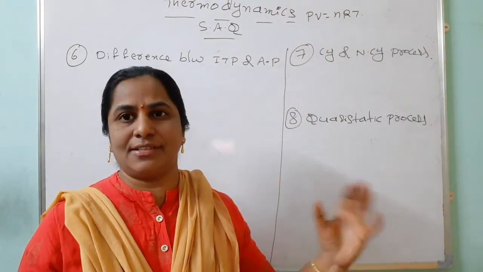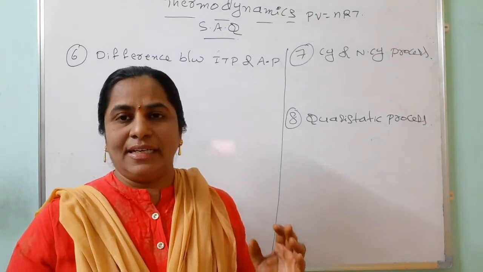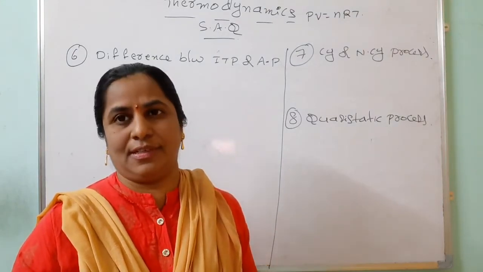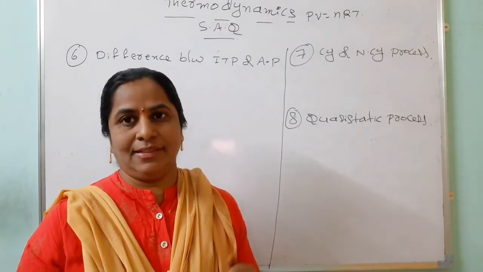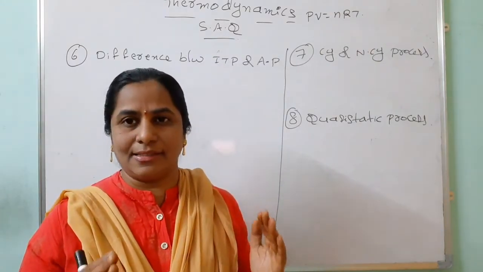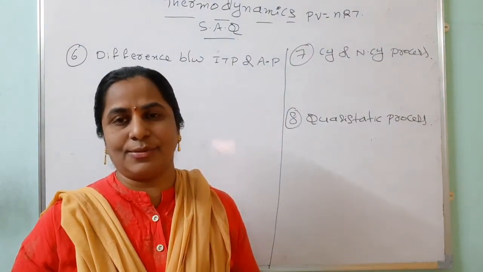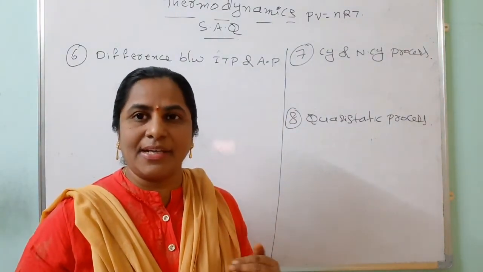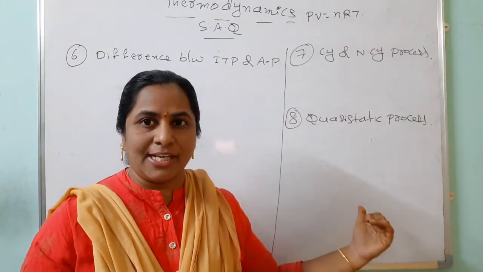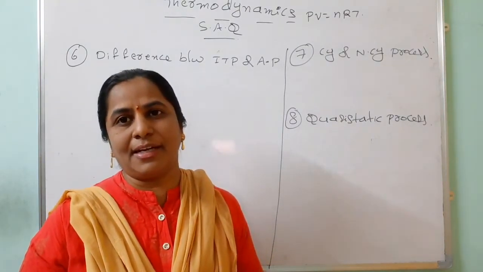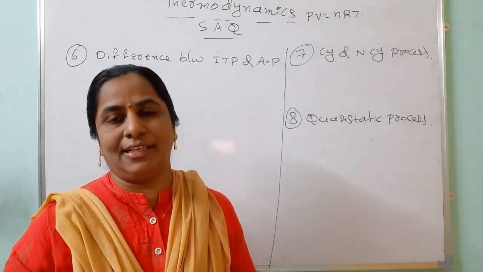Sixth question: write the difference between the isothermal process and adiabatic process. In previous questions we already clarified what the isothermal process is. In this, it is a very slow process. On the adiabatic process side, we should write that it is a quick process. On the isothermal side the temperature is constant, and on the adiabatic side the heat energy is constant. Here the heat is exchanged between the system and surroundings, but in the adiabatic process there is no exchange of heat energy.